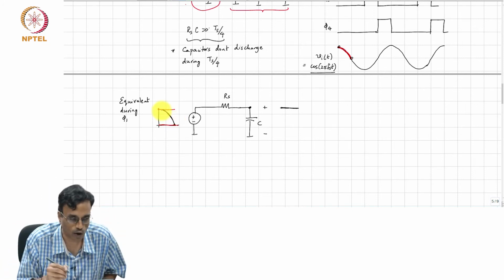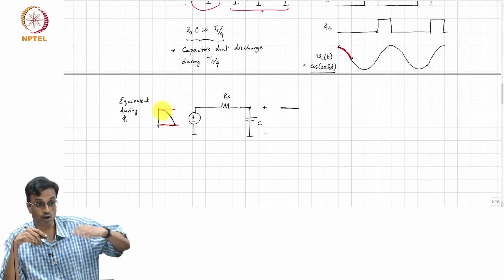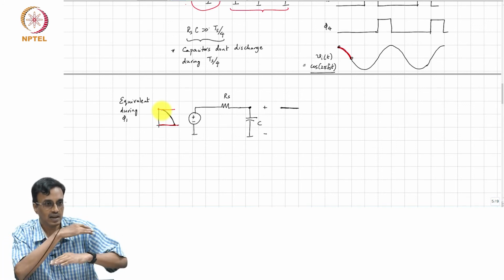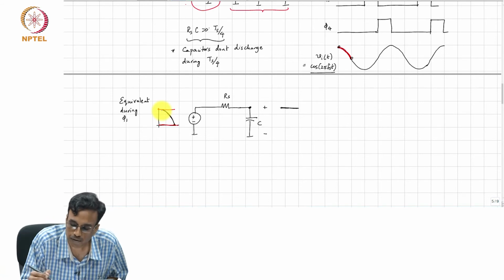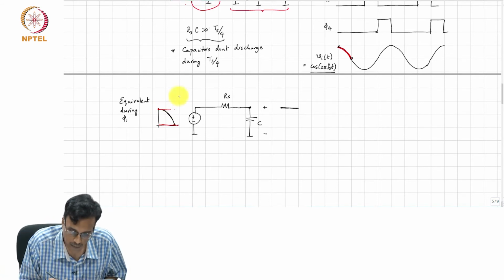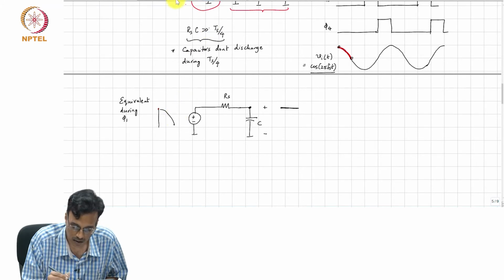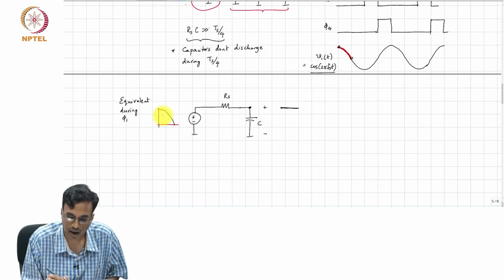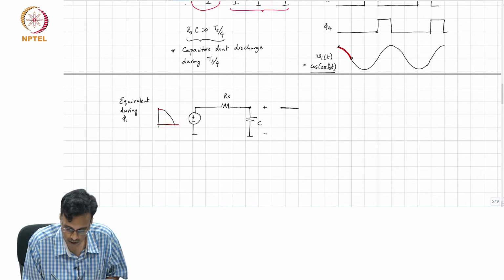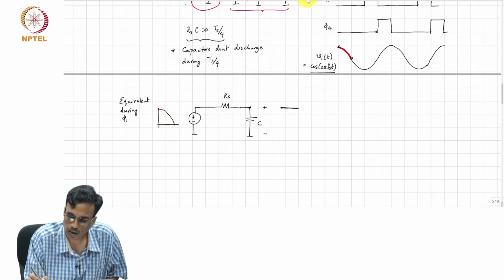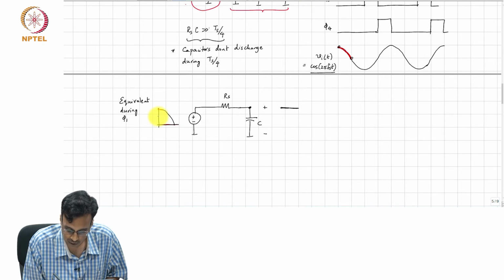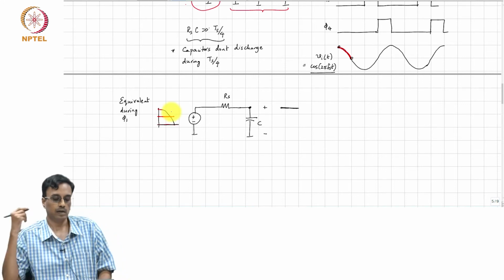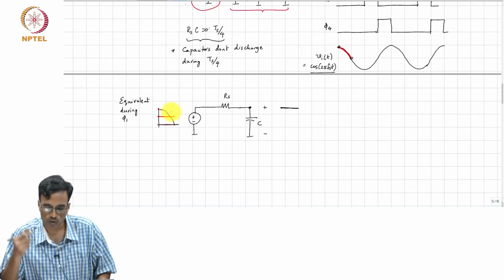The capacitor voltage cannot be sitting at the peak, it cannot be sitting at 0, it has to be at the average value of the sine wave during this part of the cycle. Correct.